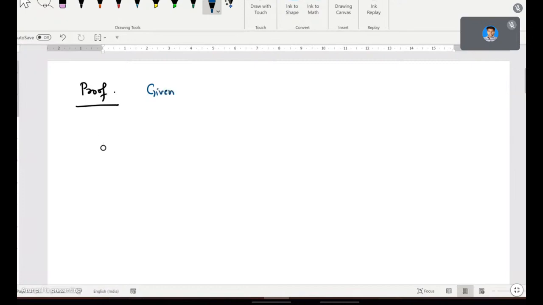We are given that A is in G, right class? And G is open. So using the fact that G is open, it means class that there exists some R greater than 0 such that the ball centered at A with radius R will be fully sitting inside G. We have simply used the definition of G being an open set. Is this okay, class? Yes, sir.